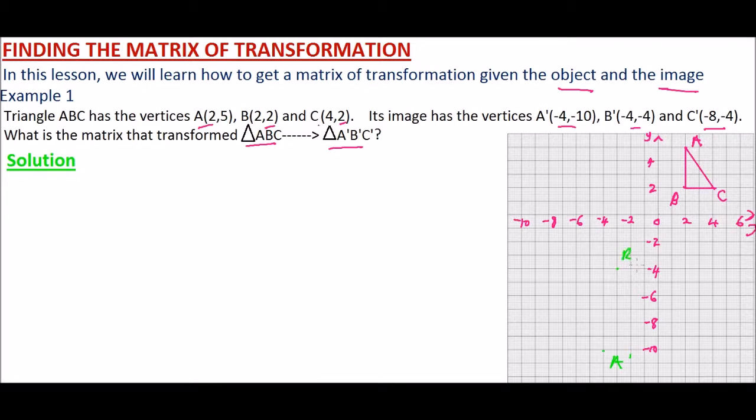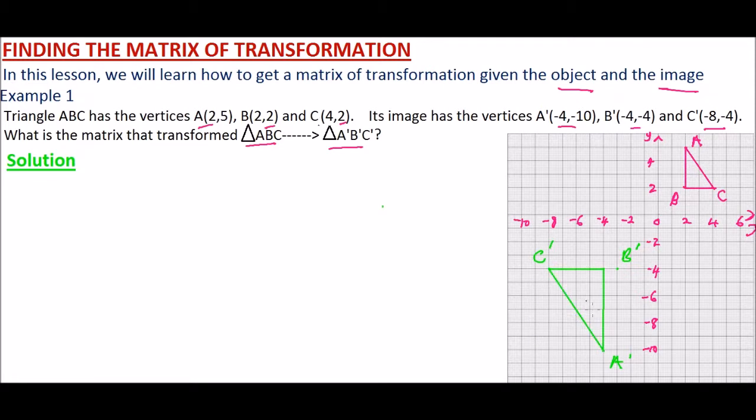That's where we have our B prime, the image of B. From there we have the image of C, which is (-8, -4). This is where we have the image of C. Then we join the three points to come up with the triangle, which is the image.